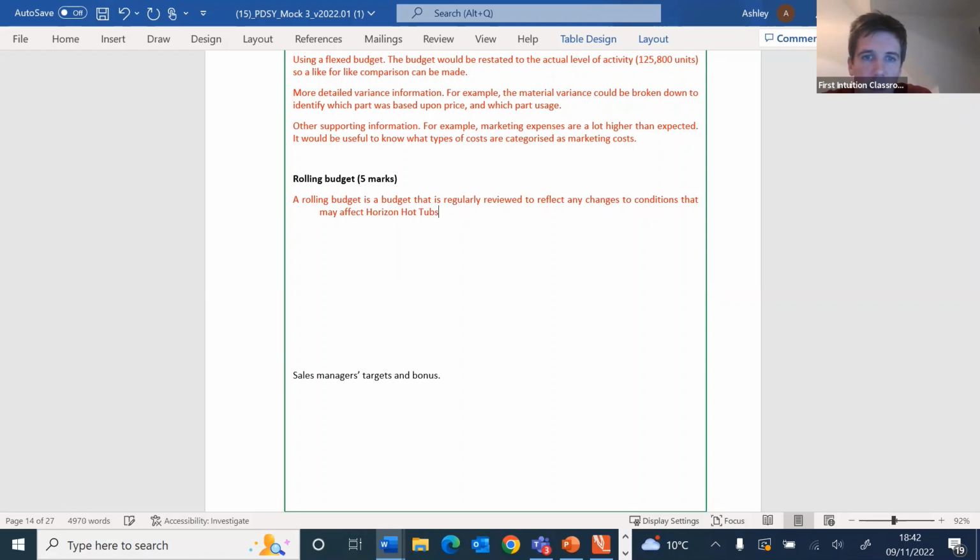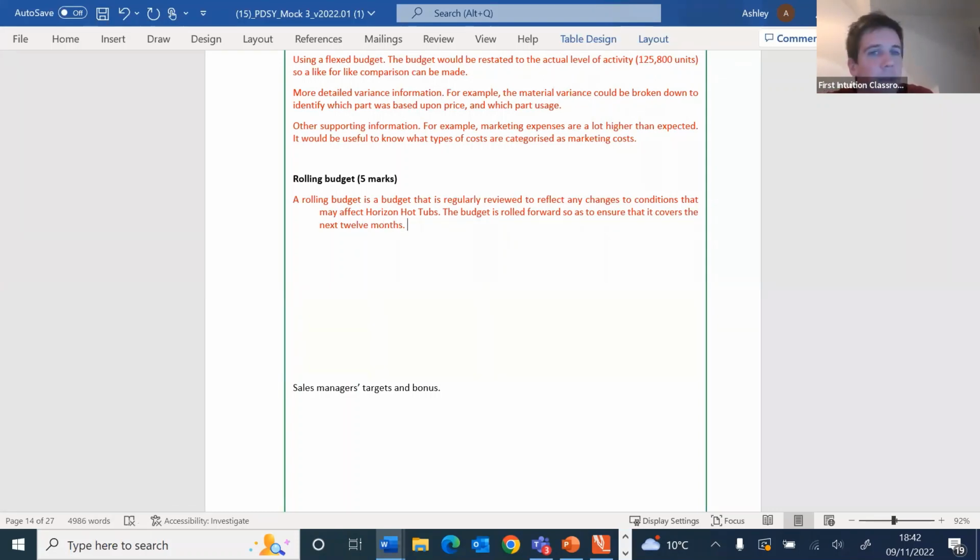So basically you update the budget, we tend to accept on a monthly basis. The other element to it is the budget is rolled forward, hence the term rolling, so as to ensure that it covers the next 12 months. Okay.